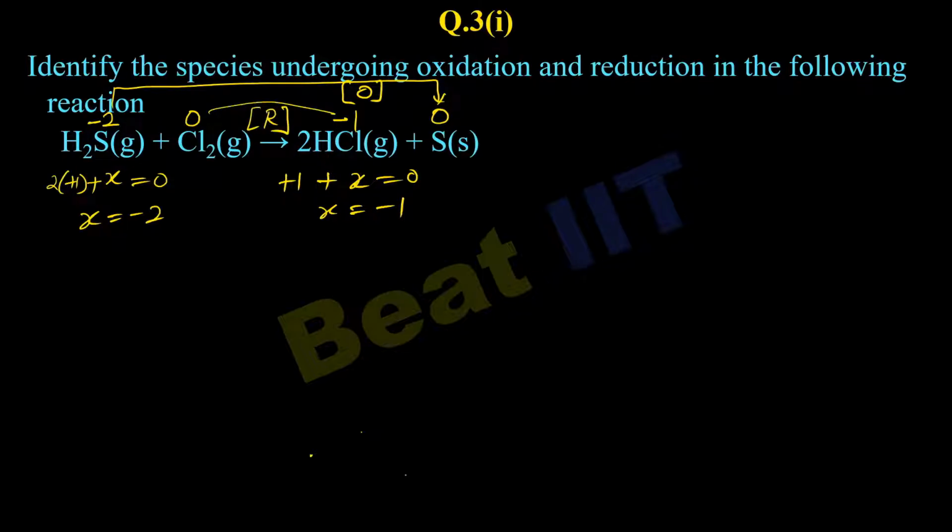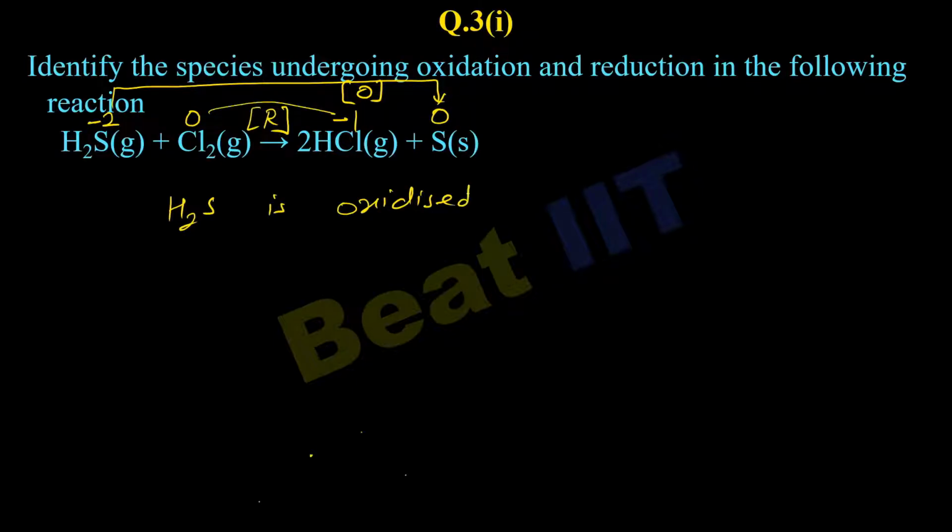Now we need to identify the species undergoing oxidation and reduction. So because we know the oxidation and reduction part, this is going under oxidation. So H2S is oxidized and chlorine is reduced.